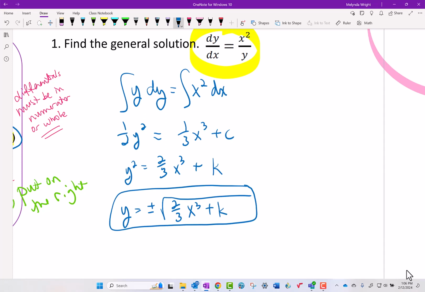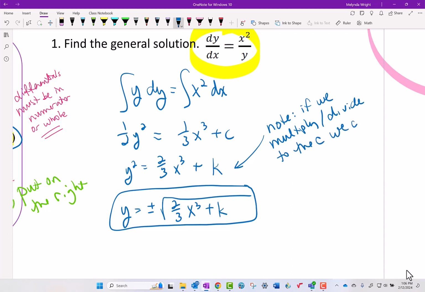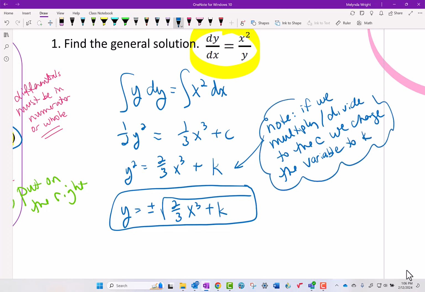Okay, so I'm going to make a note here for ourselves. This is just a note for the K. So if we multiply or divide the C, we change the variable to a K, and that's just the typical thing we would do.